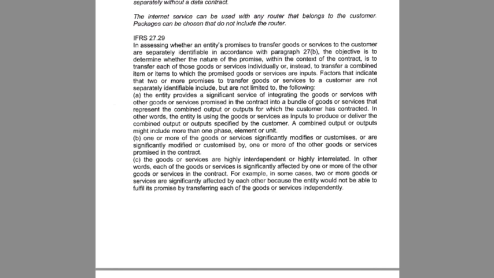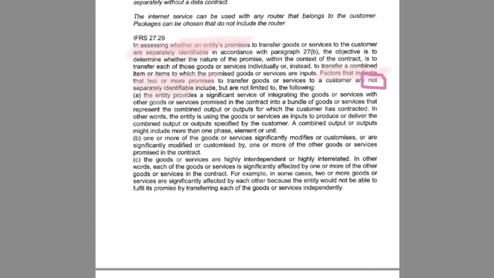Paragraph 29 is about assessing whether an entity's promise to transfer goods or services to the customer is separately identifiable. And the paragraph actually says factors that indicate that two or more promises to a customer are not separately identifiable include the following.